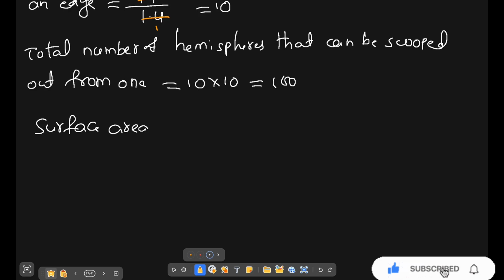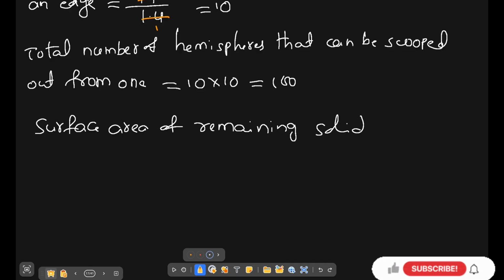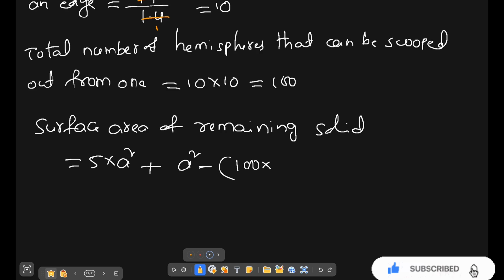So the hemispheres are scooped out from only one face. The remaining five faces are as they are. So it is 5 into the area of each face, which is a square, plus the one face, from which we have to subtract 100 circles. The base of each hemisphere is a circle, right?